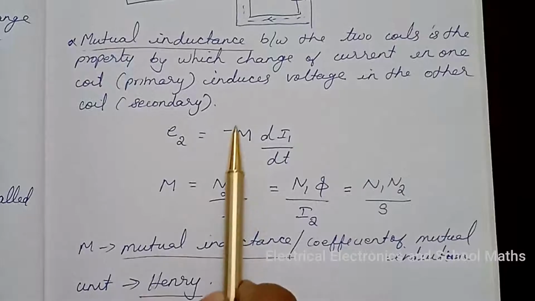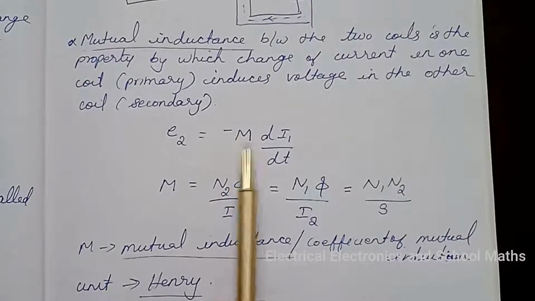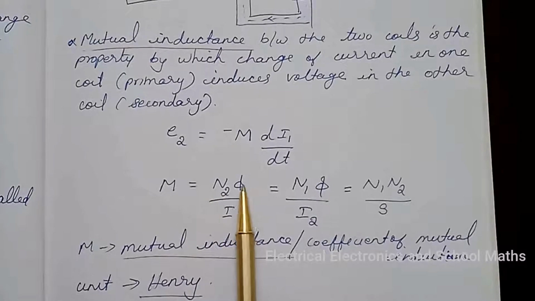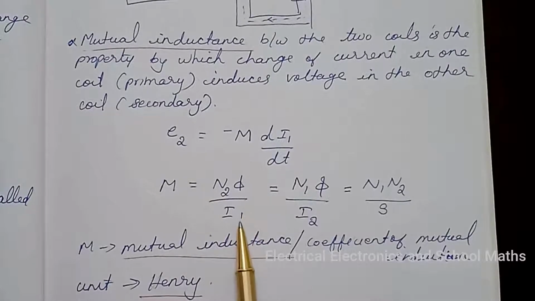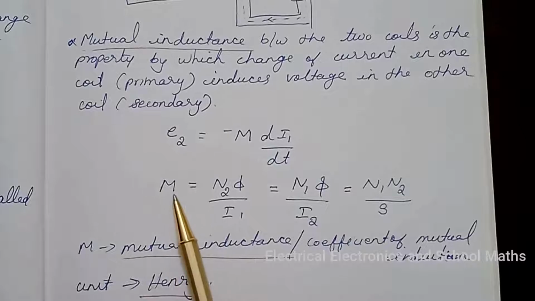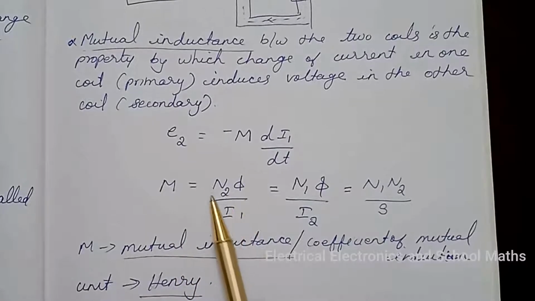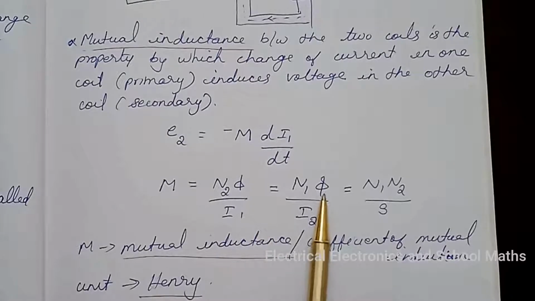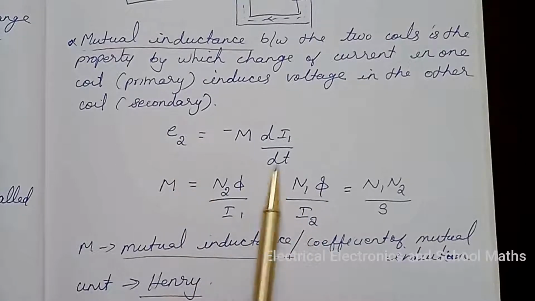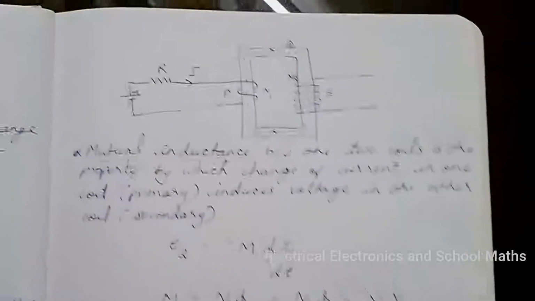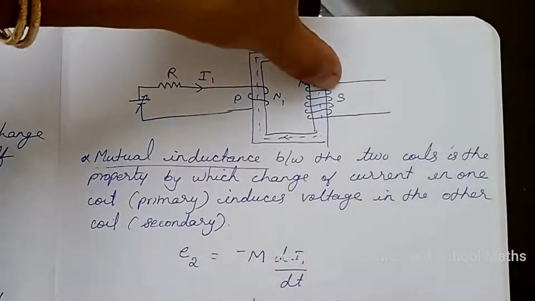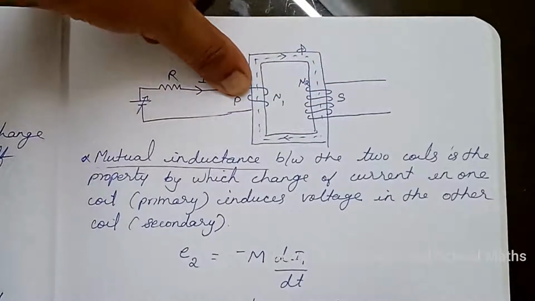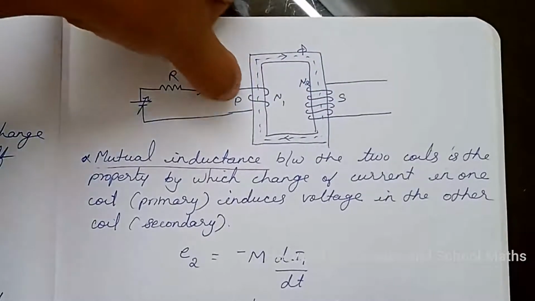And also we have the mutual inductance M equal to N2 phi divided by I1. That is, mutual inductance is in the secondary coil due to the change in current. Or if the supply is in the secondary coil, then the mutual inductance will be in the primary coil.